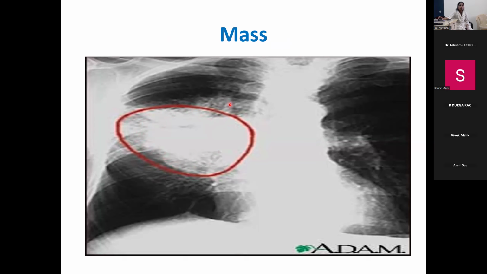And what else? There are nodular opacities which might be taken for satellite nodules. So this is a case of a mass because it is much denser, the borders are irregular with spiculations, and there might be some satellite nodule sitting over here. And it appears to have arisen from the hilum.